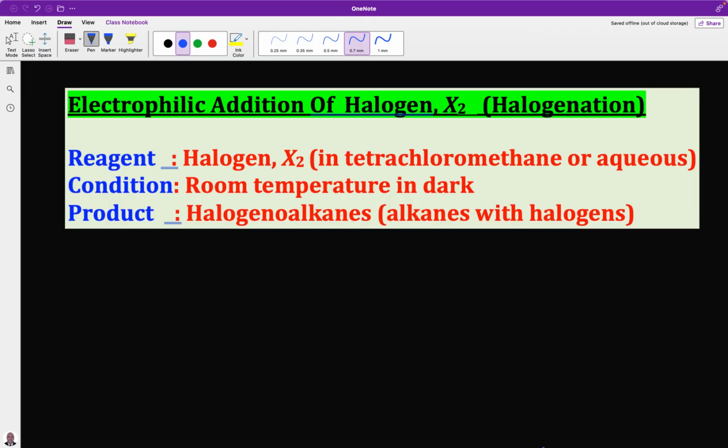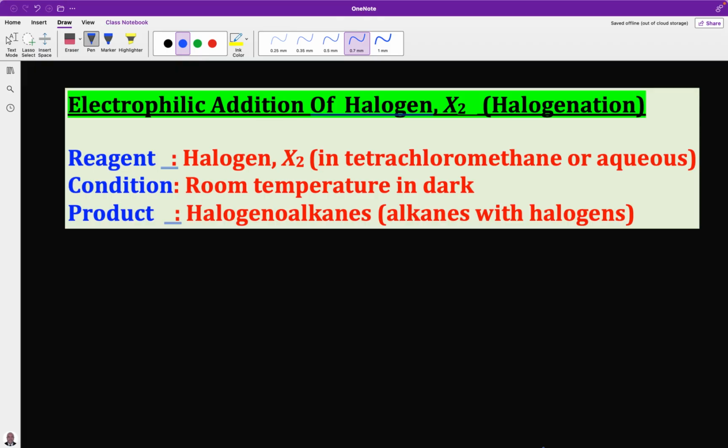Our example today will be electrophilic addition of bromine to an alkene such as ethene. To make this clearer for learners, I will be giving you a step-by-step procedure on this addition.